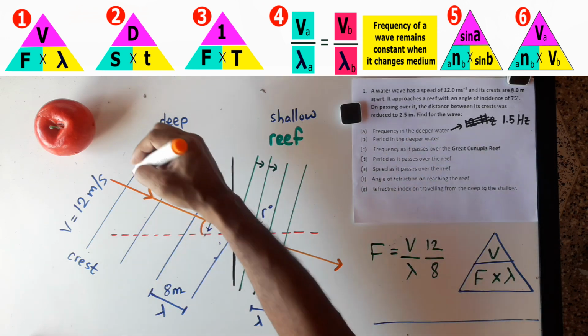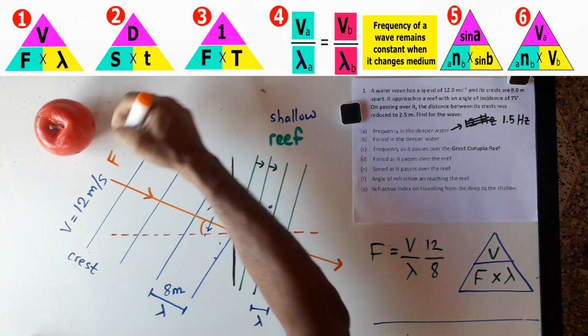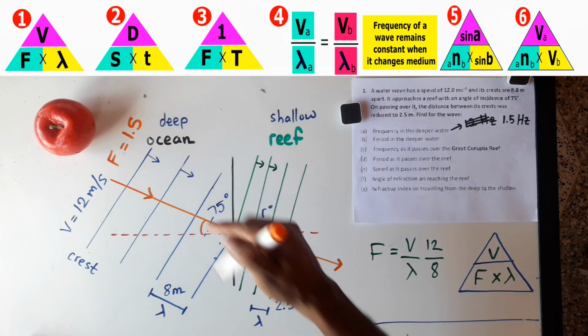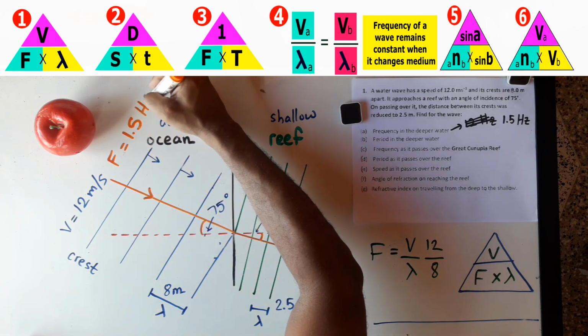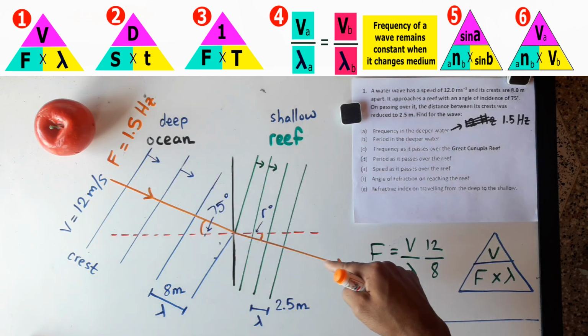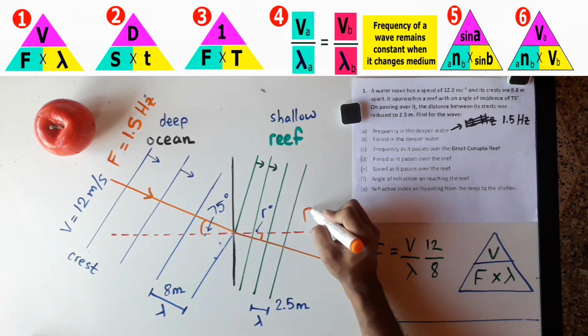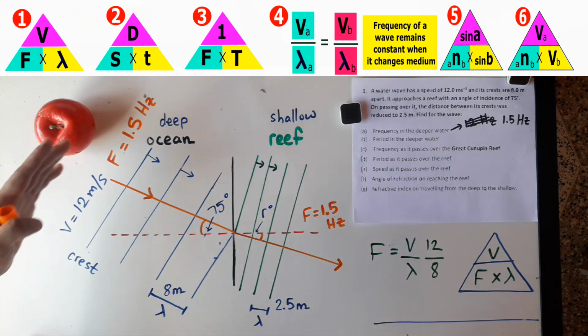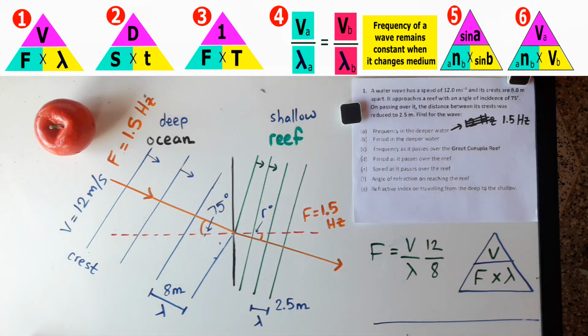If the frequency in this region is 1.5 Hertz, that means the frequency in the shallow region is also 1.5 Hertz, because frequency in the deep part and the shallow part are the same. I'll just make a note of that.